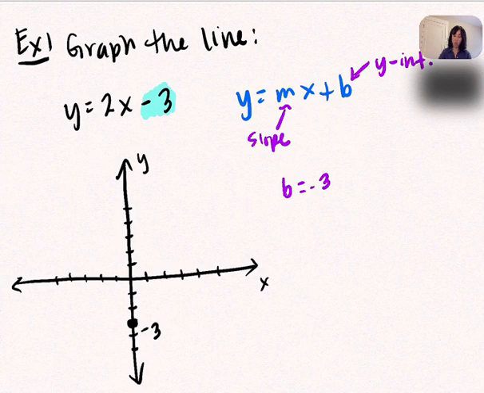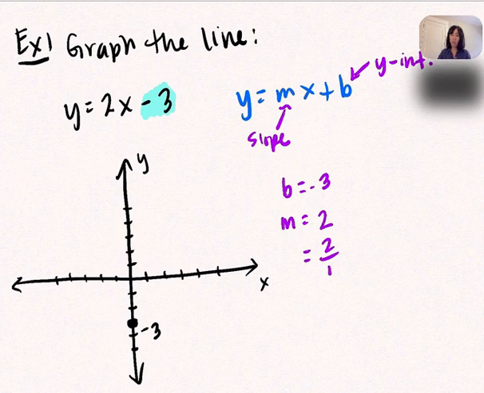Now we also know that m, or the slope of the line, is 2. And knowing the slope will give us a second point on the line. Now, when you don't have a fraction for your slope, it's actually useful to rewrite it as a fraction, because then you're going to know what the rise of the line is and what the run of the line is. So it's always rise over run.